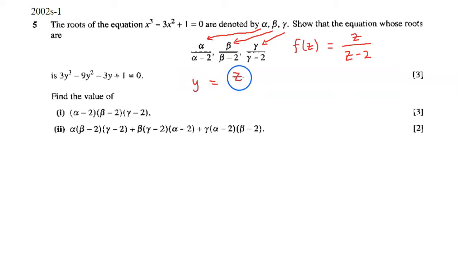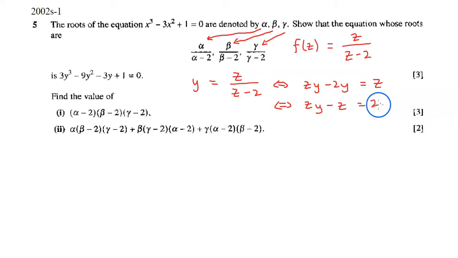Y equals z divided by z minus 2. If you rearrange that equation, you get zy minus 2y equals z. Bring all the z's to one side, so zy minus z equals 2y. And then factor out the z, so z times y minus 1 equals 2y.